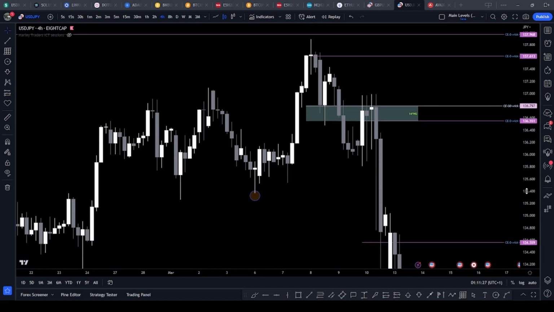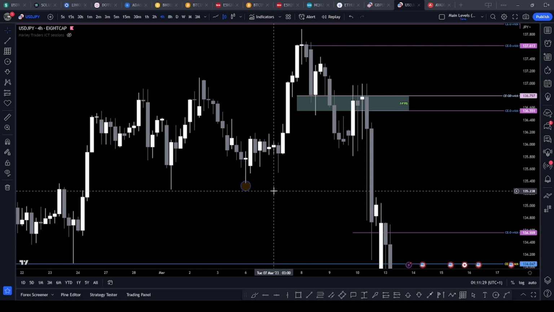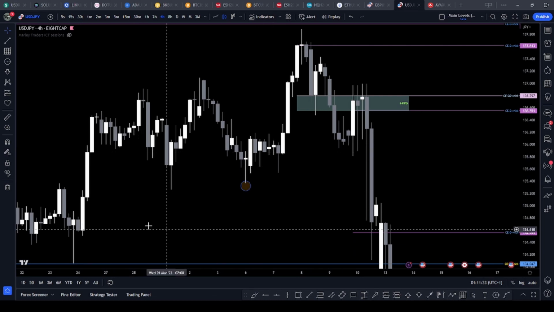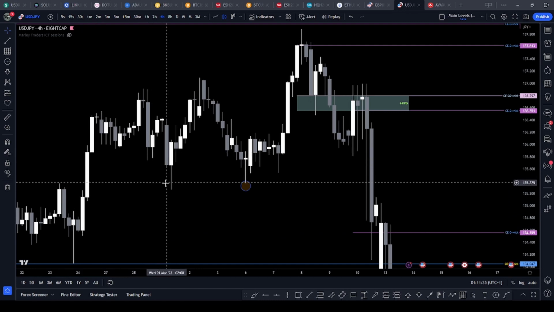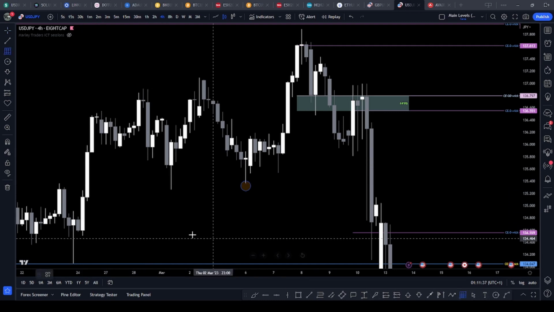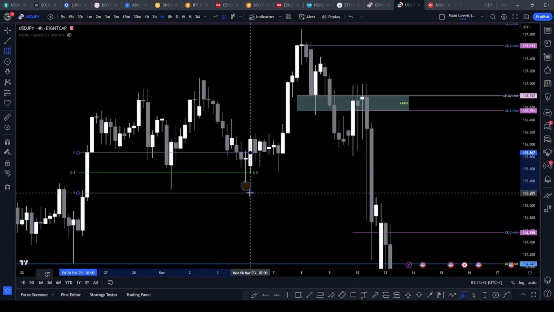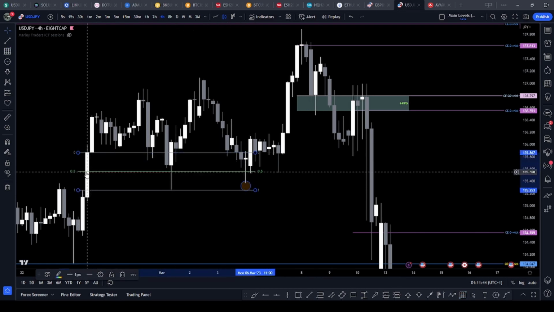So the same thing you do to the fair value gap, you do to this also. So this is a fair value gap. This is a fair value gap, for example. 50% of that, or the midpoint. Of course, we broke it.